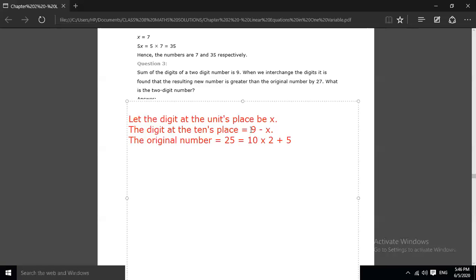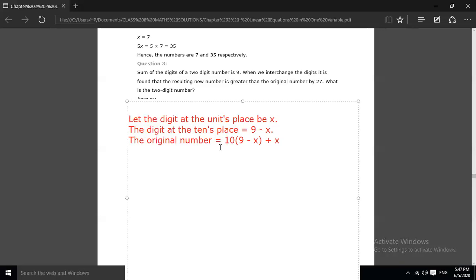So similarly, the tens place digit should be multiplied by 10 and the unit place digit by 1. So the digit at the tens place, 9 minus x, should be multiplied by 10: 10 times (9 minus x), plus the unit place digit x.